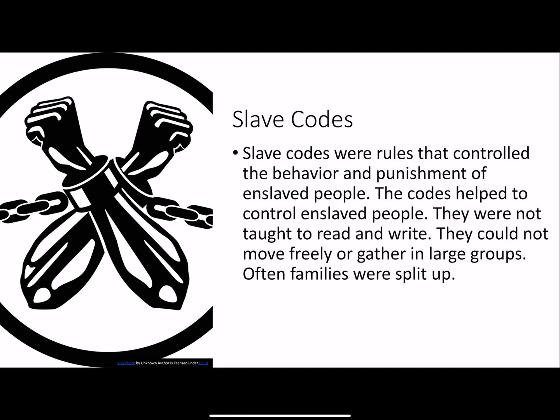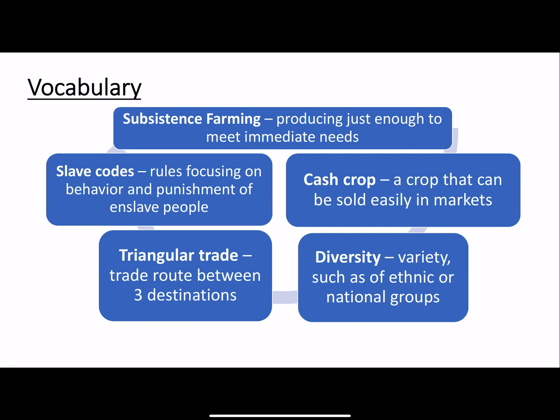So I don't want to lump all slave owners into one category. It's like lumping anybody into one category. Not everybody fits all of the criteria when it comes to a certain label. I'm not going to stereotype slave owners, because some of them were, some of them weren't. So with that being said, let's move on to the next slide.